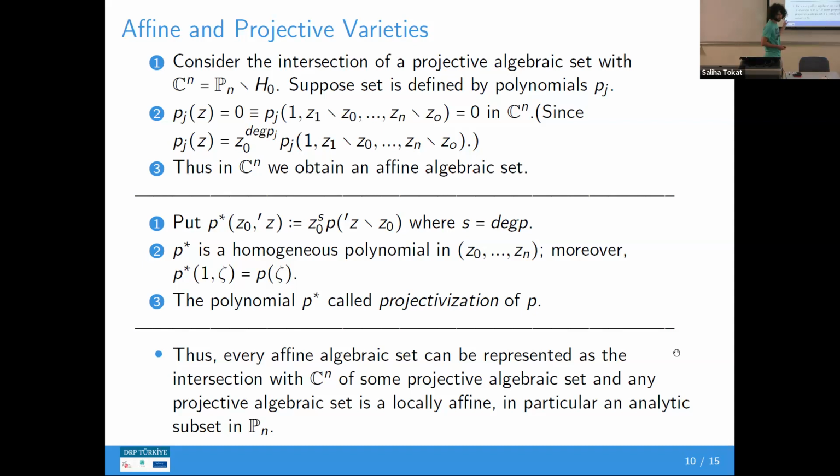You are considering homogeneous polynomials instead of arbitrary polynomials, and your zero locus is actually not in C^n this time, but in Pn, and this gives the definition of a projective variety. There is a correspondence between affine varieties and projective varieties using projectivization. But because of the time constraints, we skip this part.